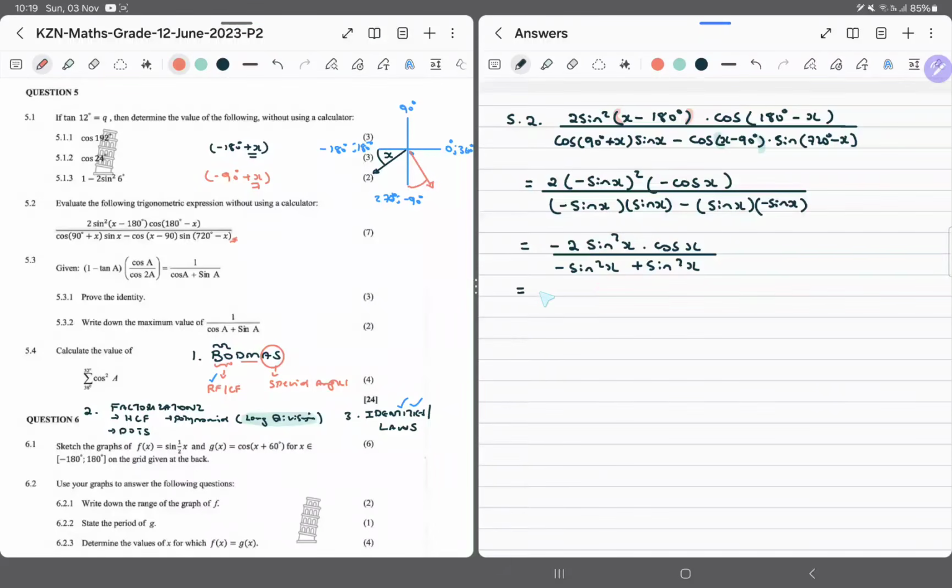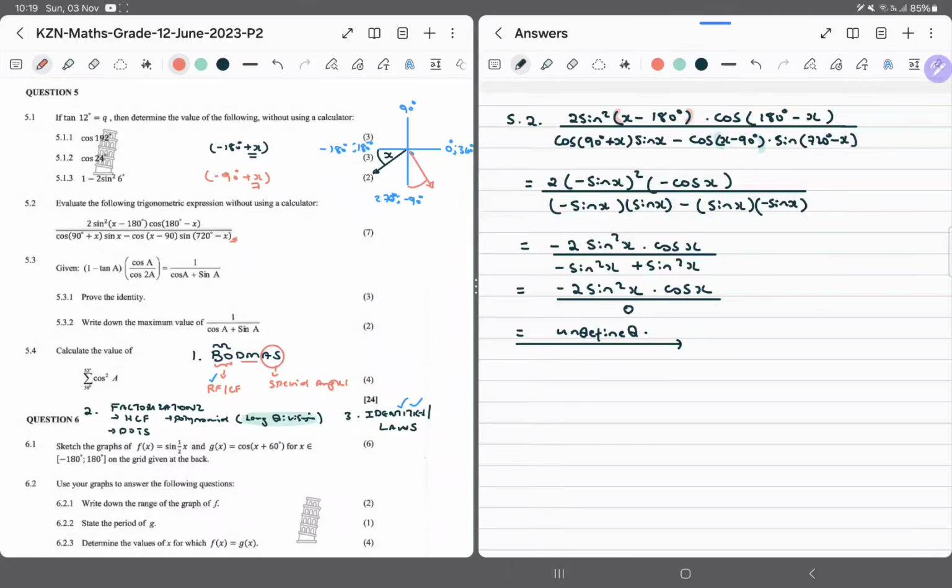Now these are like terms, so we have minus 2 sine squared x cos x all divided by 0, right? And what do we see there? This is undefined. So this question is often so common, undefined, because a division by 0 is undefined.